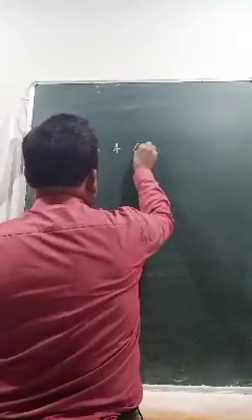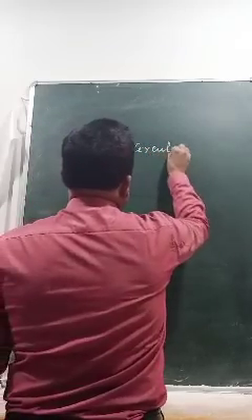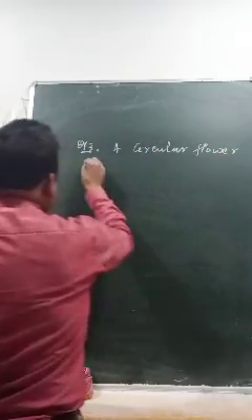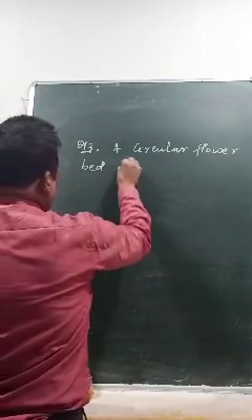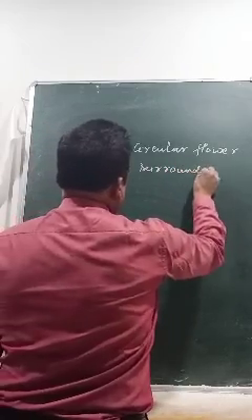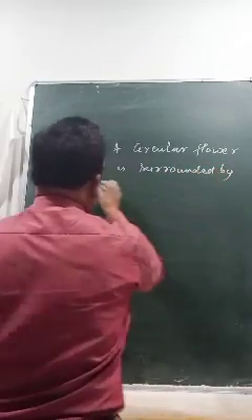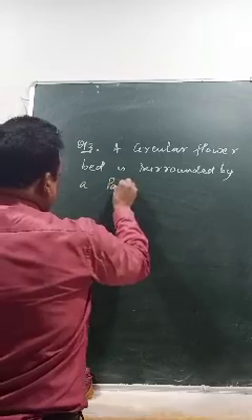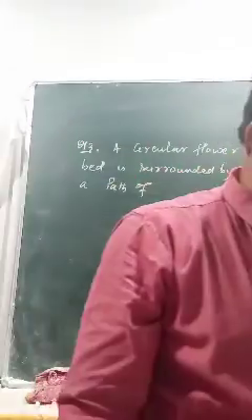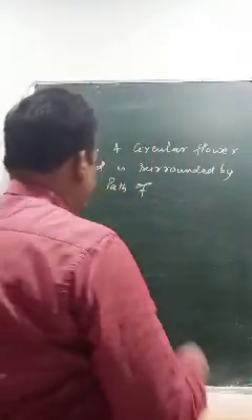A circular flower bed is surrounded by a path of 4 meter wide.